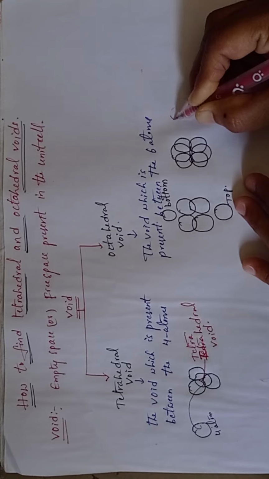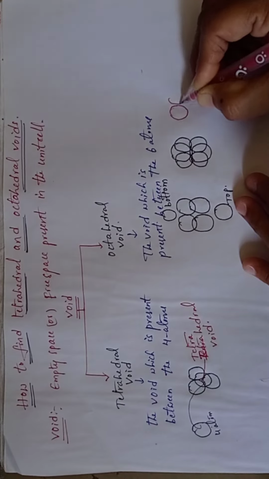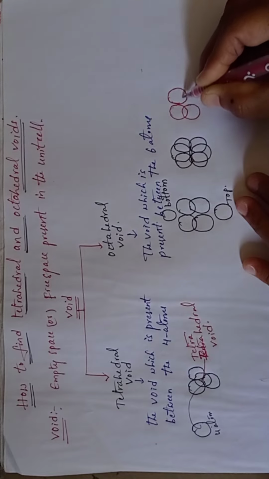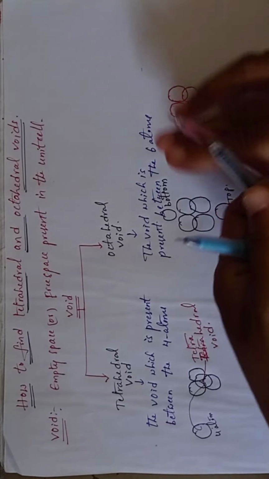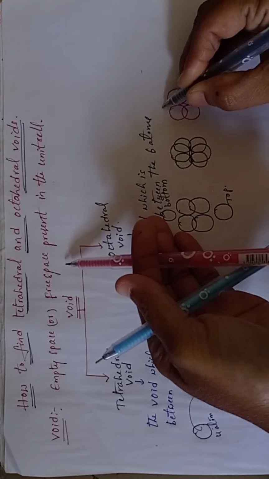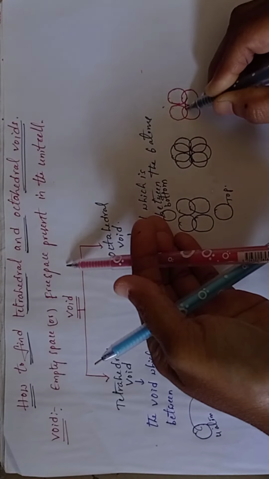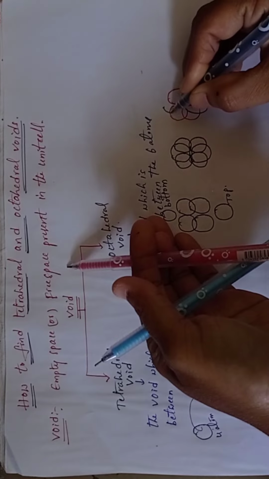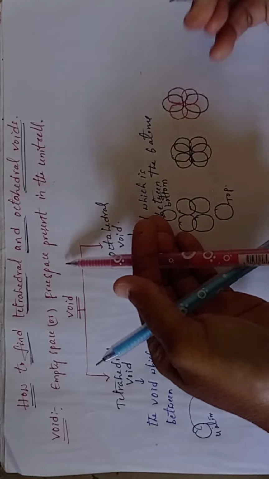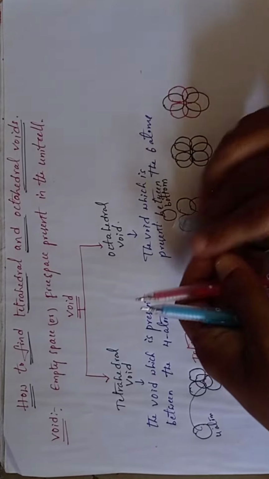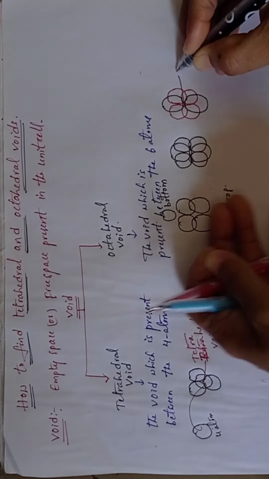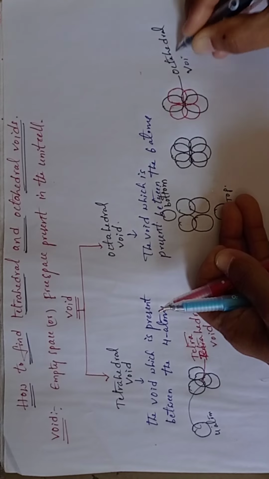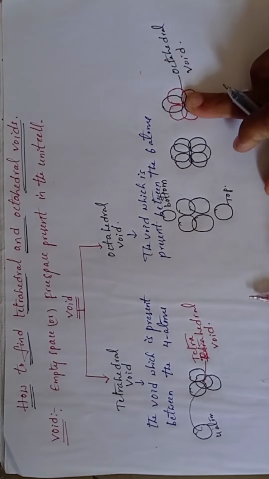See, 1, 2, 3, this is the fourth sphere, and the fifth sphere is present at the top of the four spheres, and the sixth sphere is present at the bottom of the four spheres, students. So this empty space is called what? This is the octahedral void. Clear? This is the octahedral void, students.